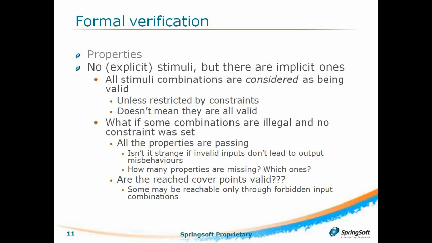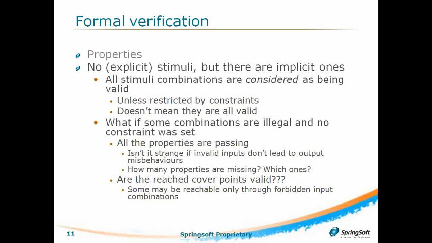Another aspect which is quite often used with formal verification tools is coverage points. So you can ask the formal tool to reach a number of aspects, for example, the preconditions of your assertions. Well, what is the value of those coverage points that were reached if you don't have any constraints and your design doesn't accept all the possible stimuli combinations?